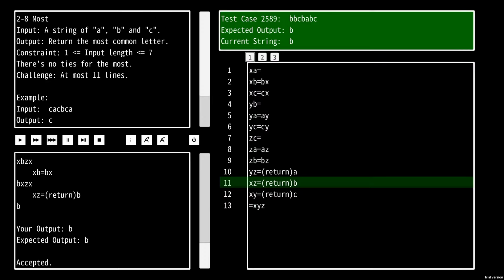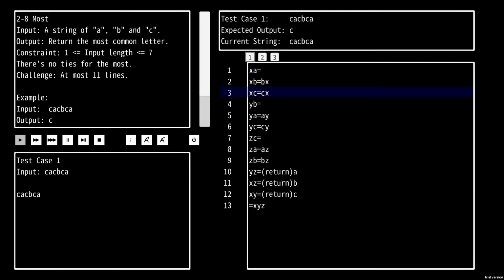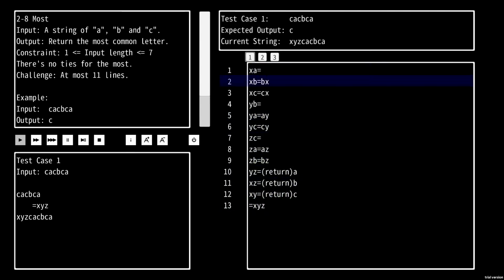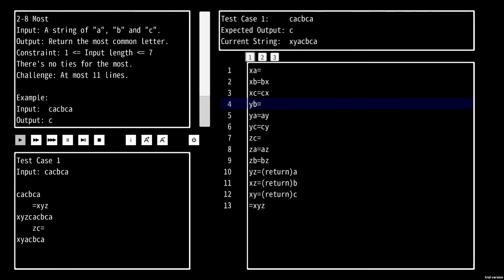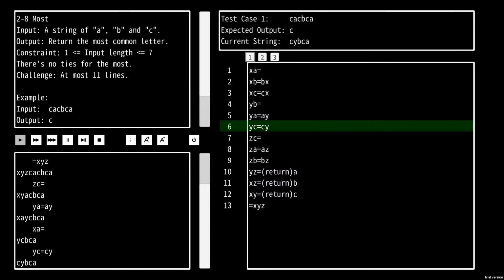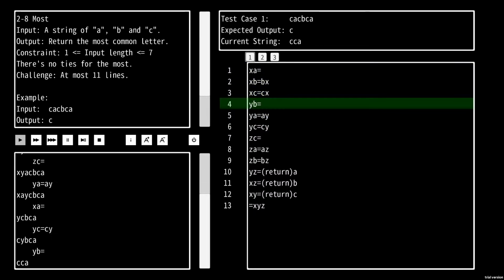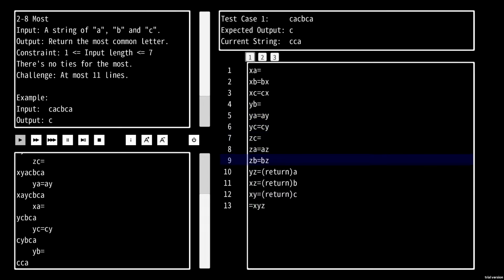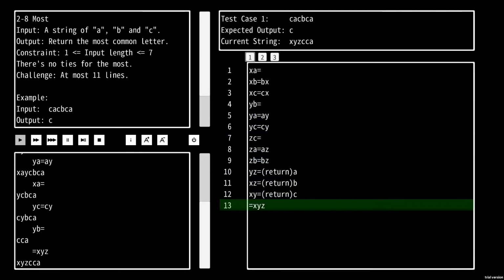Okay. That's quite interesting. I feel like this algorithm is a lot simpler than the other one. I think this one is quite a bit easier to understand. I add in XYZ, and then it deletes each one of these. It seeks out a specific letter and deletes it, right? And then it does that until all of these letters have been deleted.